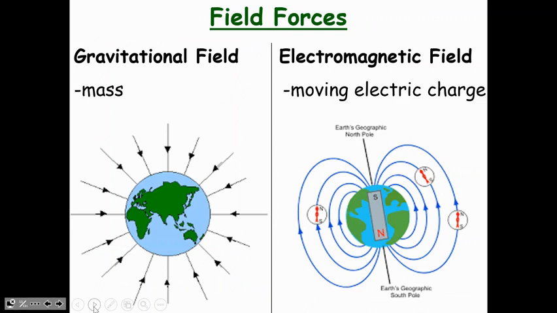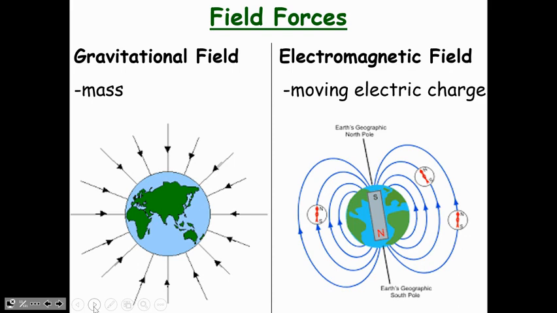The other type of field force that we'll discuss later on in the year is the electromagnetic field created by moving electric charge. So any moving charged object will create a magnetic field. And when you have two electric charges or two objects that are magnetized interacting with one another, they can exert forces on each other.